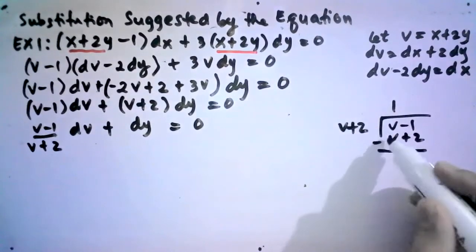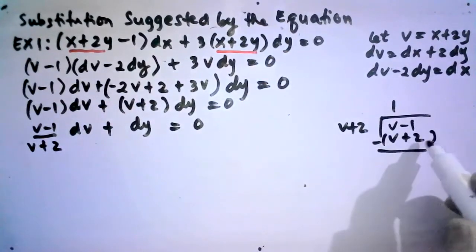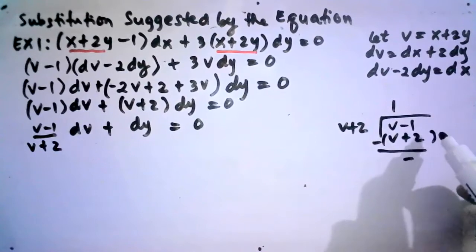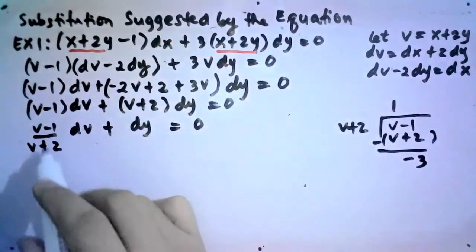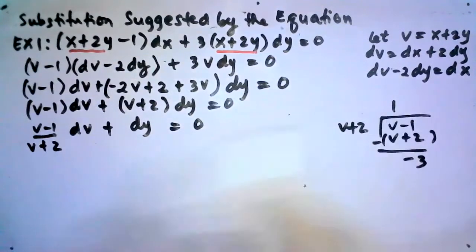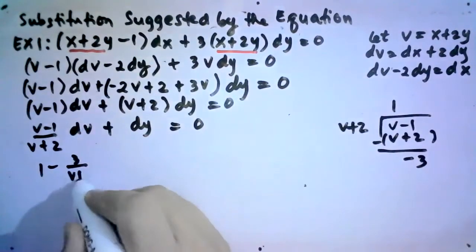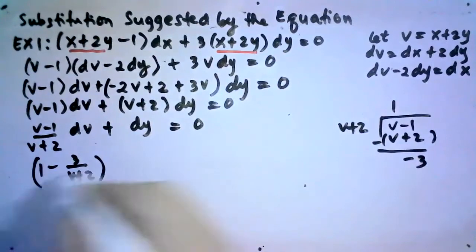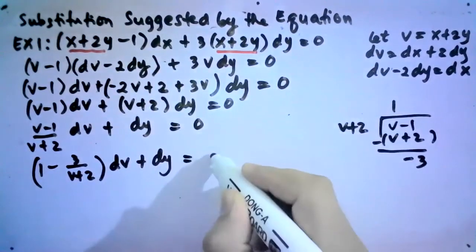And then we will subtract this one. v minus v is 0, and negative 1 minus 2 is negative 3. So our answer here, instead of v minus 1 over v plus 2, is 1 minus 3 over v plus 2, that is our dv, plus dy, which is equivalent to 0.